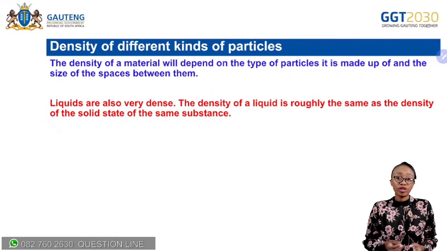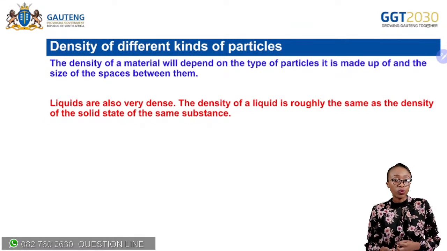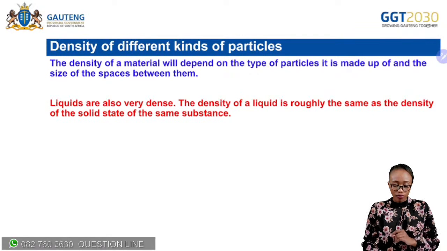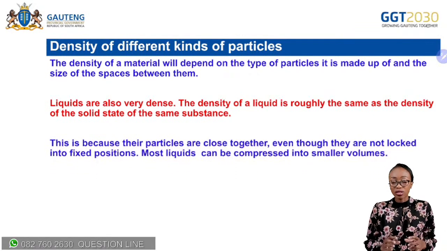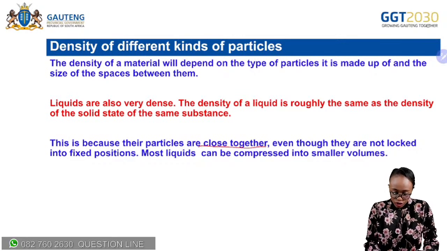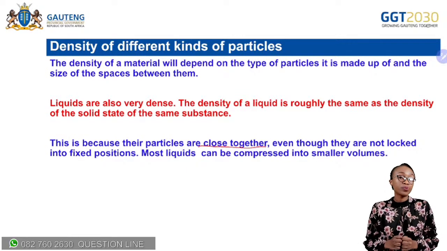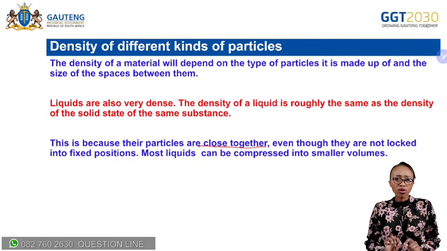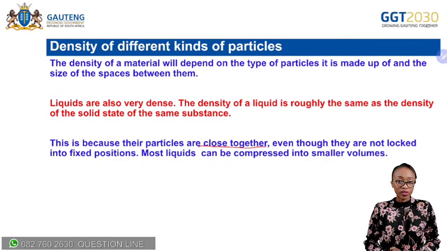The particles within a liquid are also very close, so the density of a liquid is roughly the same as the density of a solid of the same substance. This is because the particles are close together even though they are not locked in fixed positions like in the solid. Remember, with solids, the particles are locked in a fixed position and they only vibrate in that position.